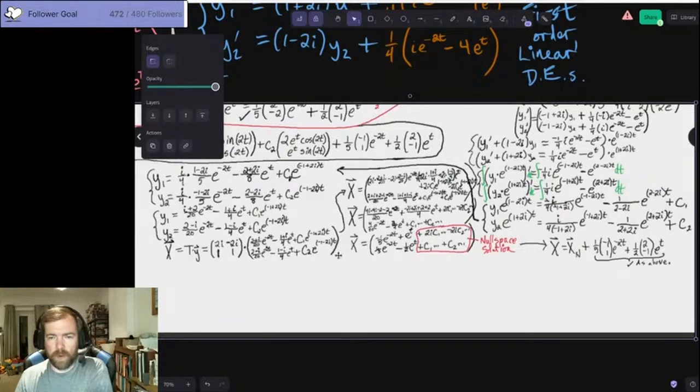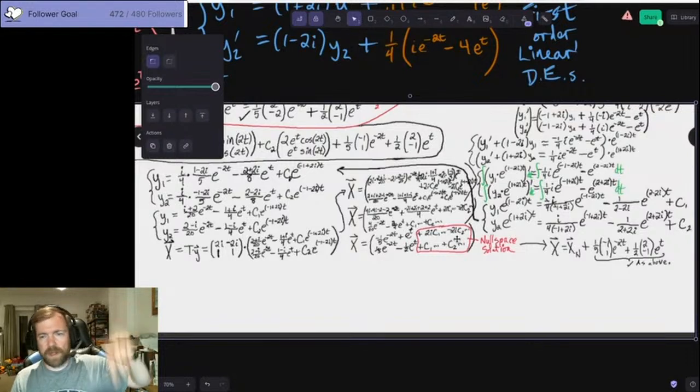And when we boil it down, it does end up with negative 1/5 e to the negative 2t plus e to the t plus 2i times c1 plus a bunch of other stuff. In this case, it's c1 and c2 with e to the lambda 1 and e to the lambda 2 that we had from before.